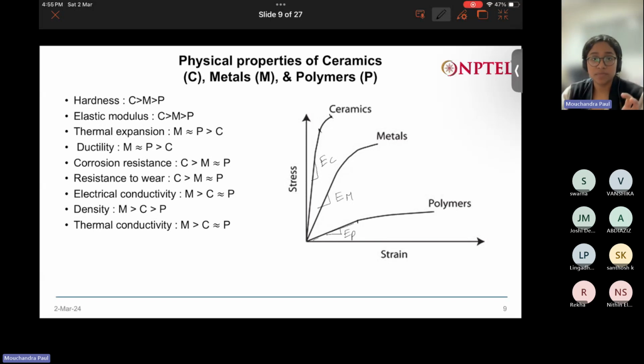Whereas for metals, they can still deform without breaking. That is why they are ductile or malleable. Whereas for polymers, this plastic region extends very long.